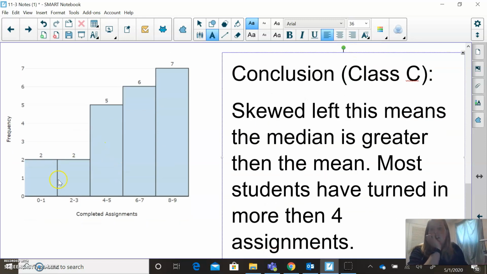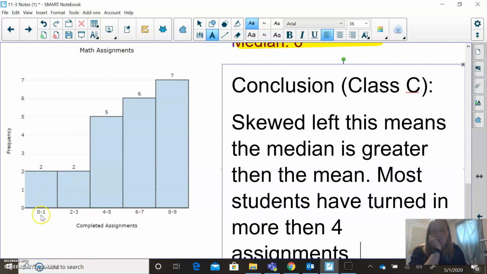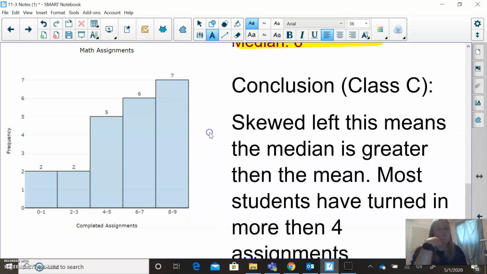So if you look over here at our graph, for 0 to 1, we have 2 students, 2 to 3 assignments, 2 students, 4 to 5 assignments, 5 students, 6 to 7 assignments, 6 students, 8 to 9 assignments, 7 students. So this is really what I expected. I expected a lot of you guys to get on and do what you need to do.